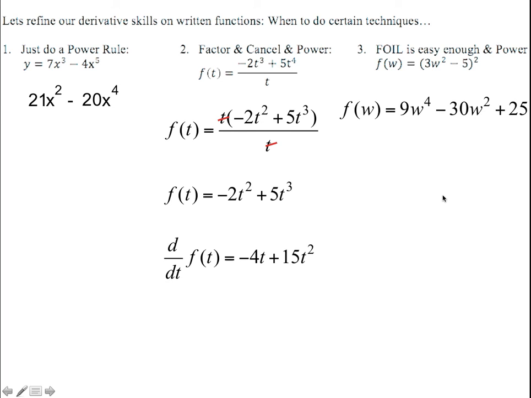So I'm using my prime notation here, so f prime of w, bring the 4 down, multiply by 9, get a 36. W to the 3rd power, bring the 2 down, multiply it by -30 to get -60. W to the 1 power, or just w, and then the derivative of 25 is 0.